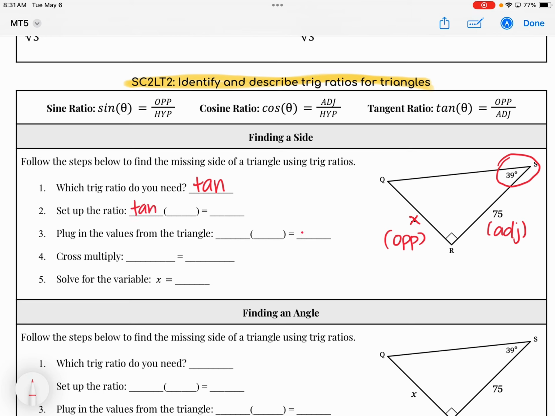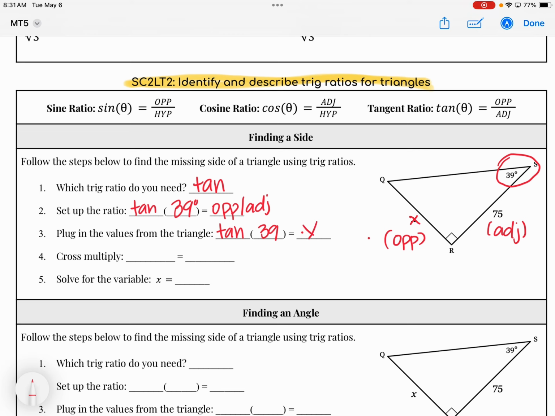What's our angle? 39. So the tangent of 39 is equal to the opposite over the adjacent. Let's plug in actual values for the opposite side and the adjacent side. The tangent of 39 equals, what is our opposite?